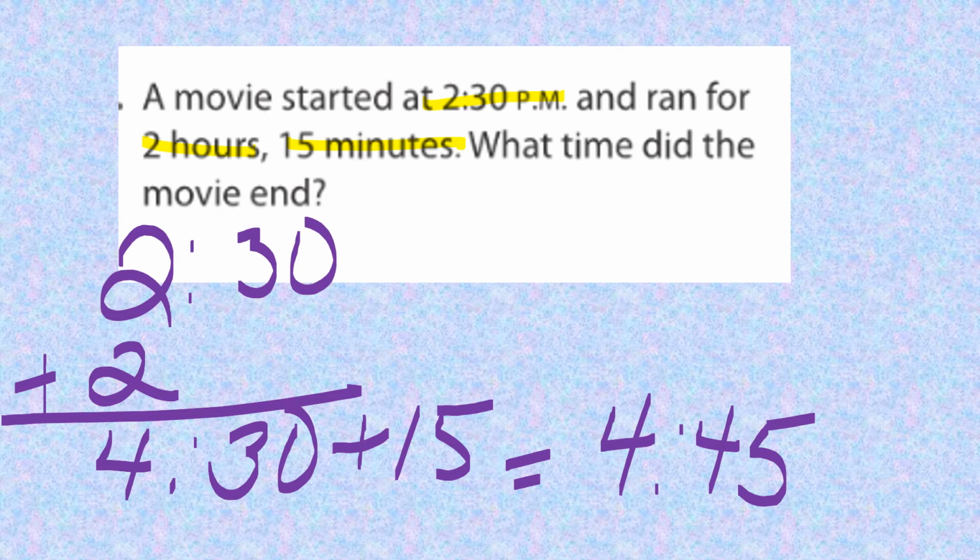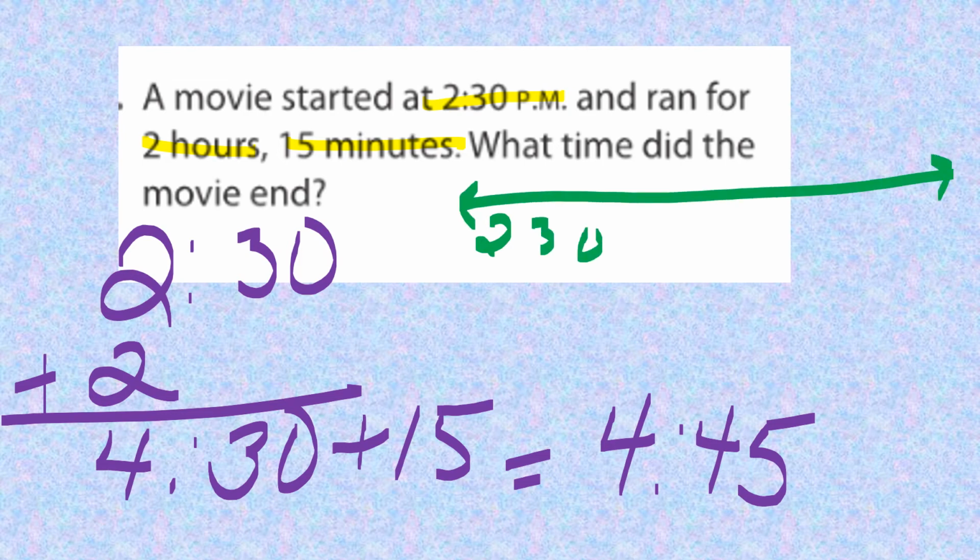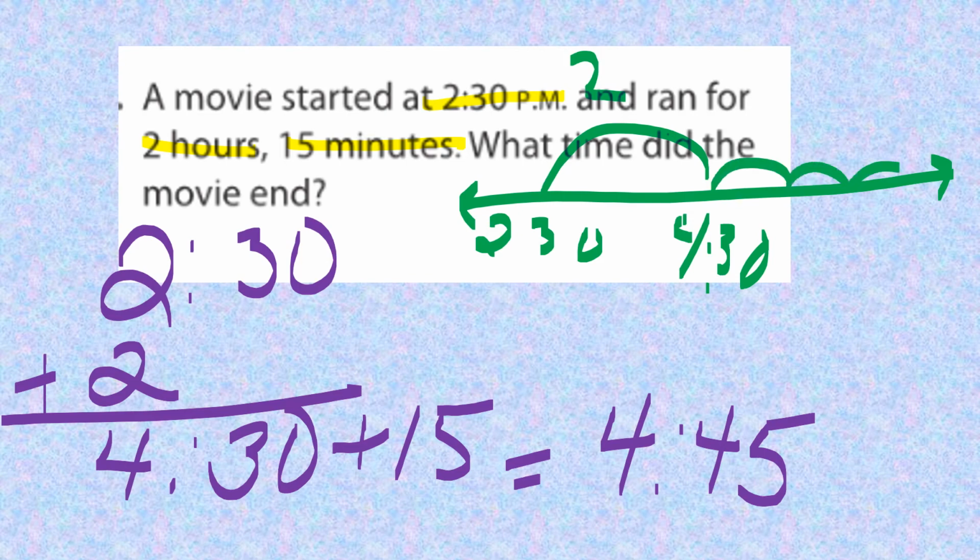The second way I can do this, and I'll just switch up the colors here just so there's a difference, is if I do it kind of on a number line, and I can hop the 2 hours here, and that puts me at 4:30. And then I can hop either 5 or 15 minutes if you prefer 5, 10, 15.